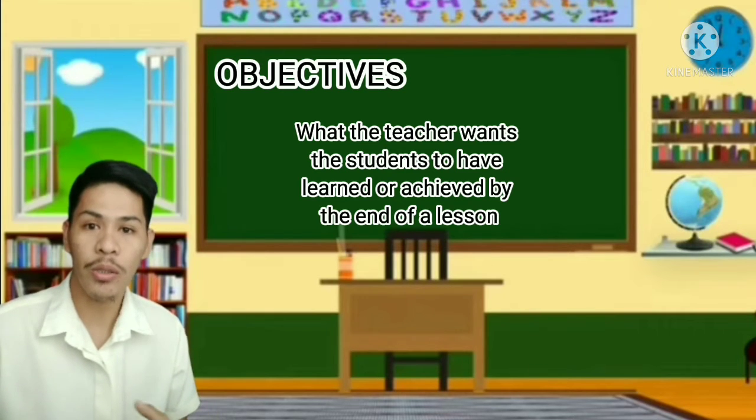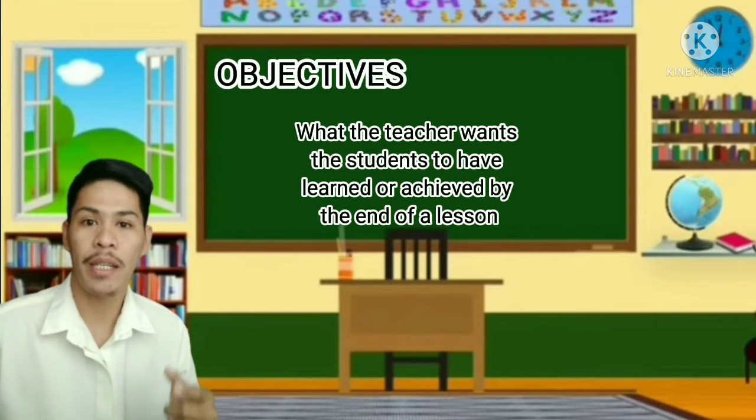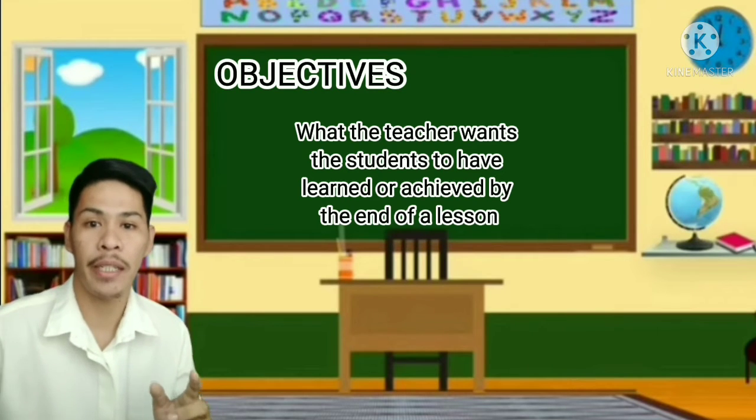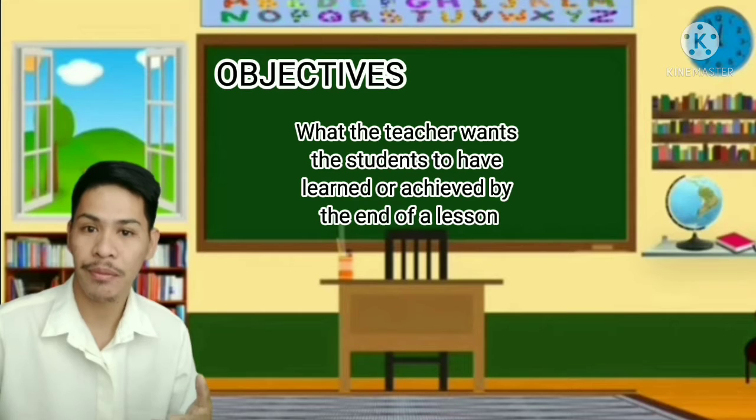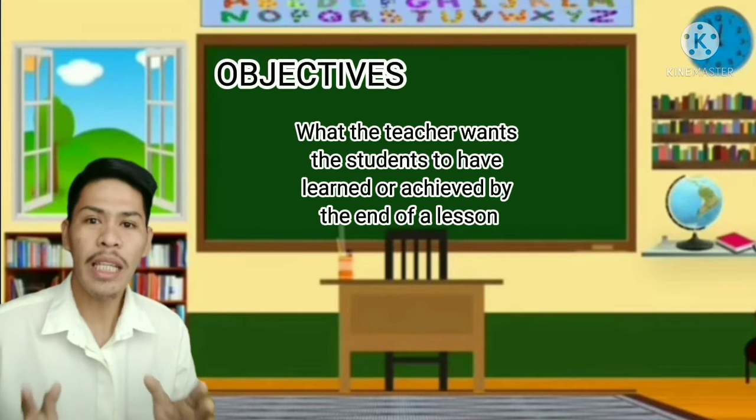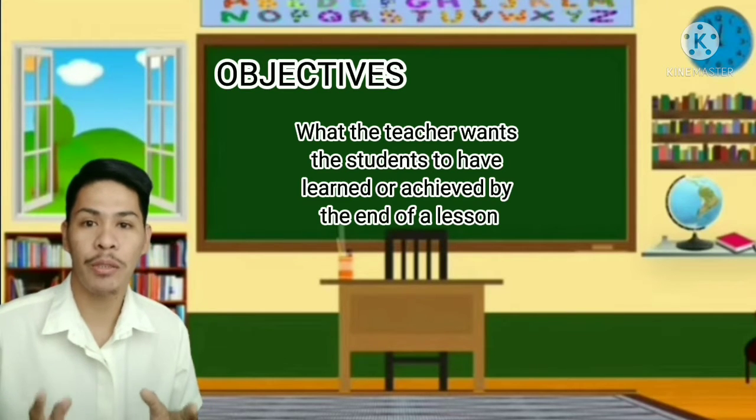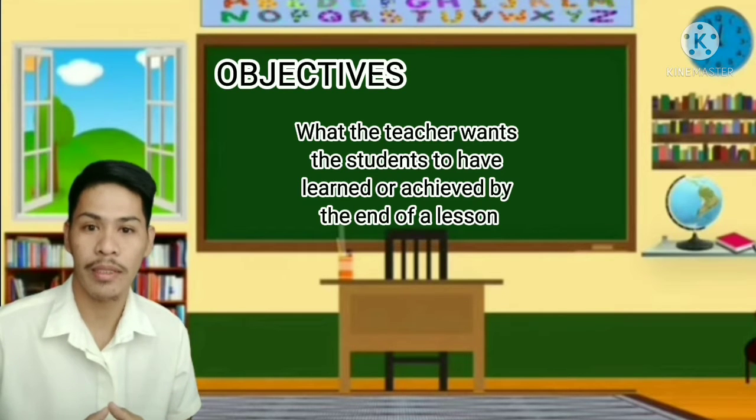In order to know if the lesson objectives are reached, the objectives need to describe something measurable. Because of this, the lesson plan objective should describe behavior that can be observed. A good lesson plan objective describes what students should be able to do after the lesson, not what they don't know.